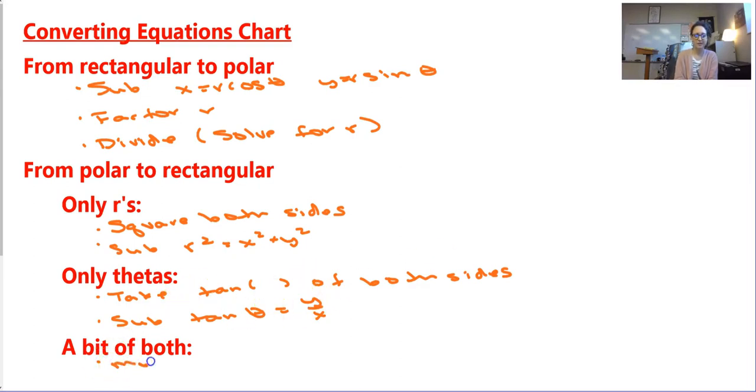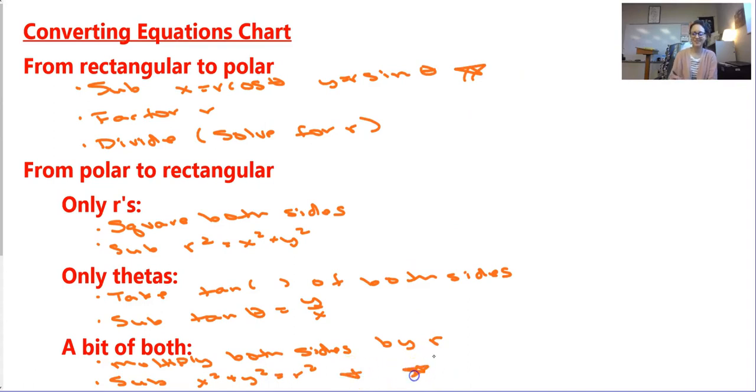We are going to multiply both sides by r, and then sub that x squared plus y squared equals r squared, as well as potentially one of those substitutions, okay? So practice these, get a feel for them, and always, of course, feel free to check yourself on Desmos. All right, y'all, I'll see you next time.